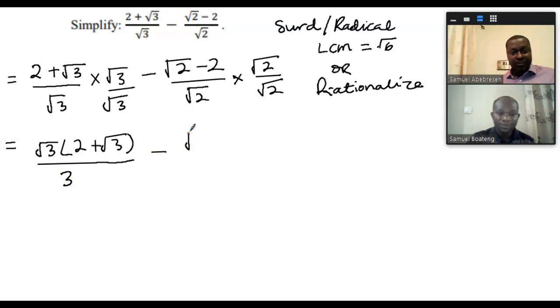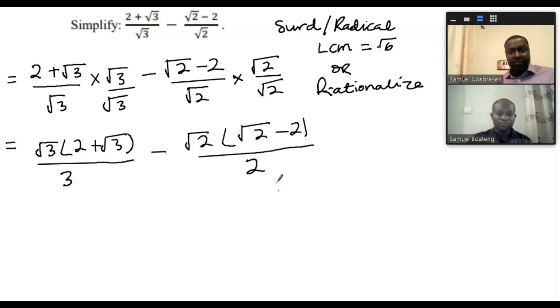Minus root 2 times root 2 minus 2 over 2 times root 2 will give you root 4, which is 2. Okay, so we can now find the LCM.